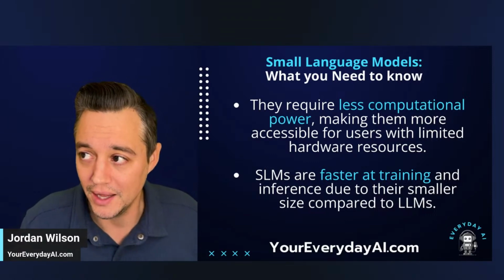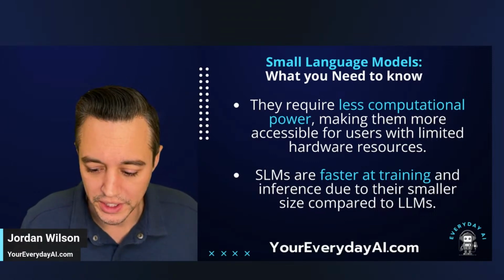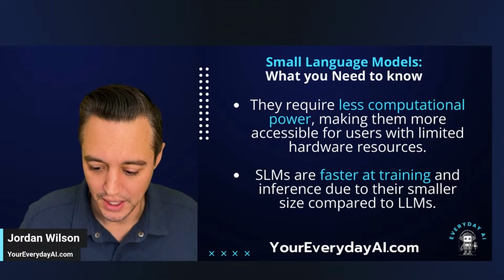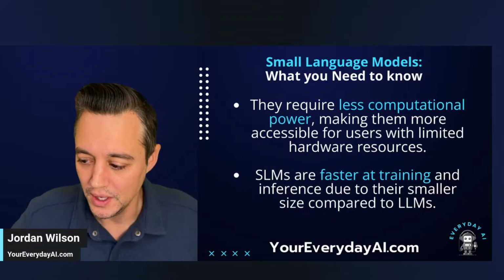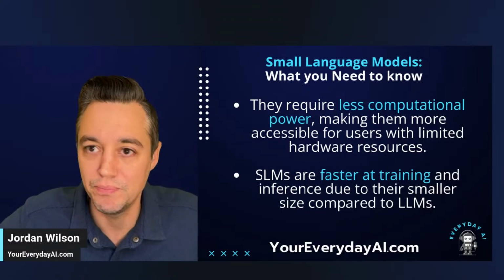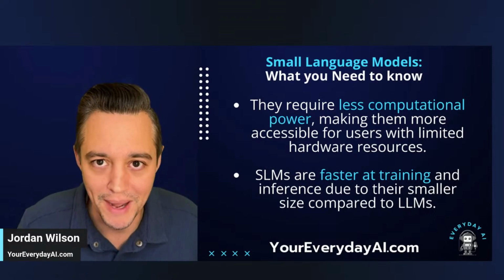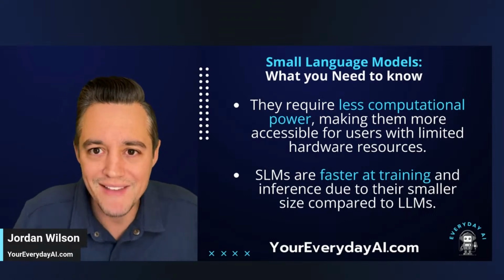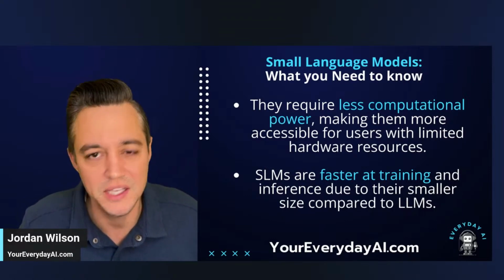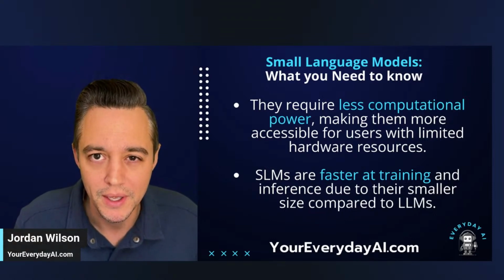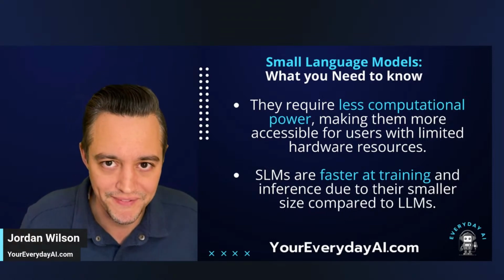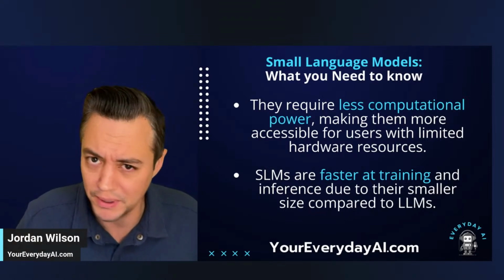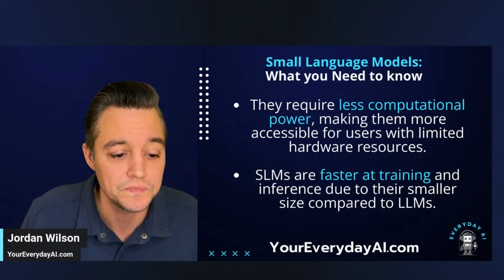So think of it like this. What's technically faster: if you had to read through a 500-page book to learn about the history of everything, or a 5-page book that gives you the history of things that maybe you care about? It's kind of like that, right? Small language models are faster, but obviously way less robust.